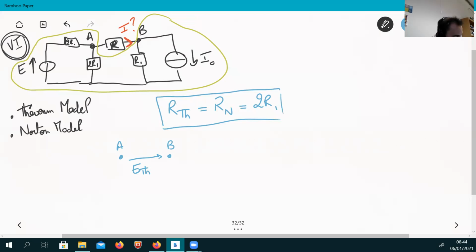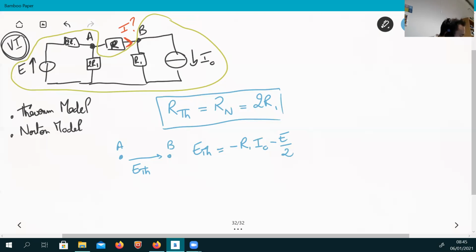So I was looking for ETH from A to B, and in that case, I found that ETH equals minus R1 I0. But of course, you can find ETH from B to A, except that you will have the opposite result.